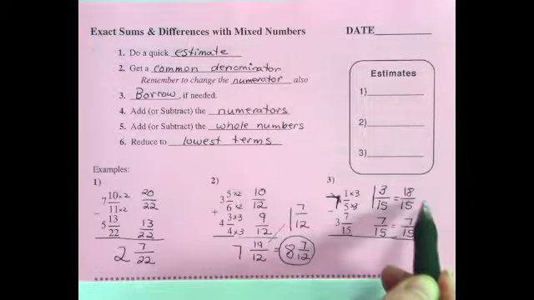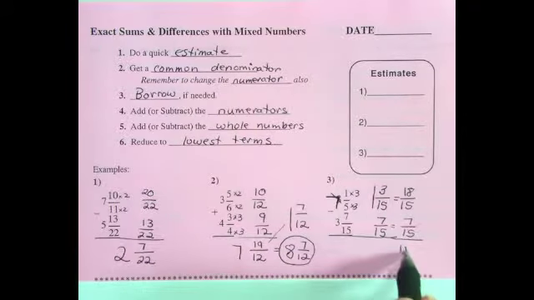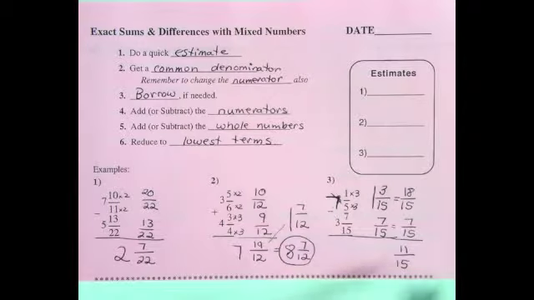So now we subtract. 18, take away 7, that is 11. Keep my denominator the same, fifteenths, and don't forget those whole numbers. Now we're going to do 7, take away 3, which gives me a 4. 11 fifteenths is lowest terms. So our final difference is 4 and 11 fifteenths.